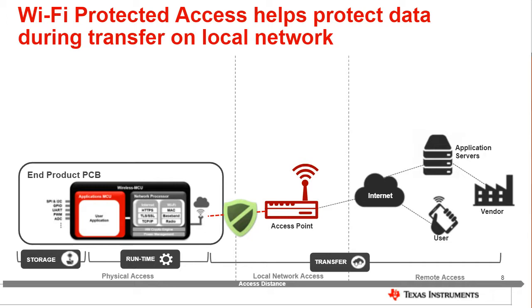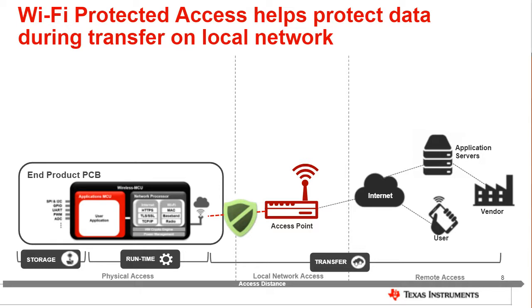It can help protect data during transfer, as well as help authenticate end devices to an access point. The way it helps protect data is it provides mechanisms for establishing symmetric encryption, as well as performing integrity checks on the data that's sent within the local network. This is common. You'll see a lot of Wi-Fi networks in residential and commercial applications using some form of Wi-Fi level security.